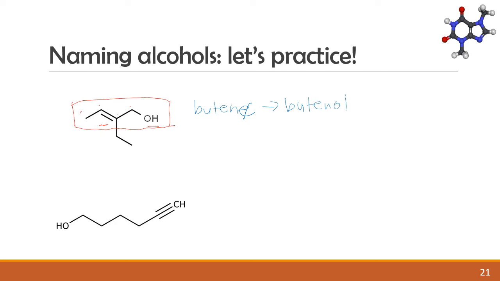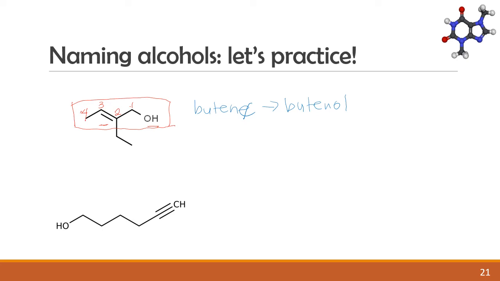Then we number the carbons according to priority. The carbon with the hydroxyl group has higher priority over the double bond, so numbering should be from right to left, which means this is carbon 1, this is 2, this is 3, and this is 4.